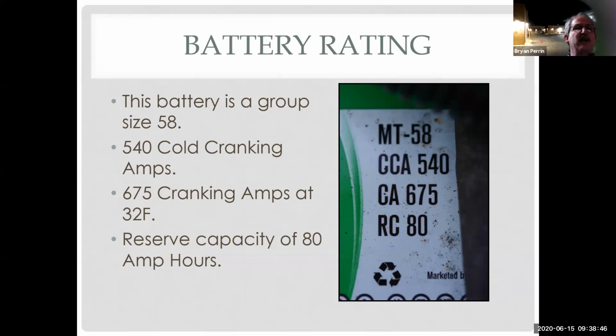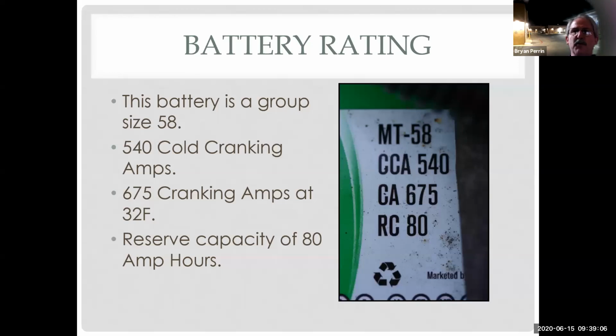So we have several group sizes of batteries, and every car has a group size that's specified for it. So you're supposed to have the correct battery for that particular vehicle based on its group size and what it's required to have. That group size also comes in for a certain amount of cranking amps.